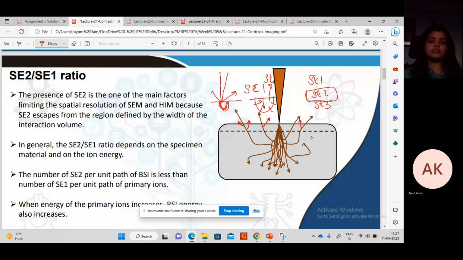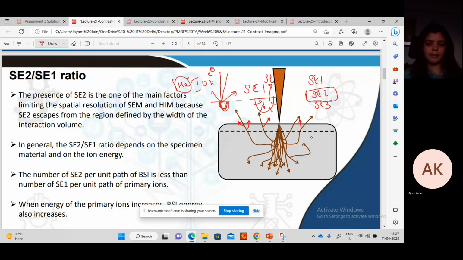And then the BSE image. As we all know, a helium ion has higher mass compared to electrons, so its penetration capacity will be lesser, even though its energy is better.